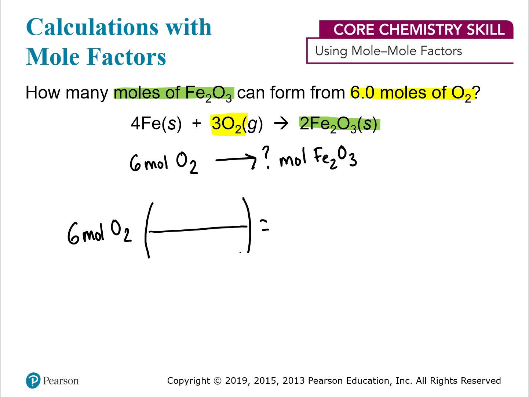Until you're comfortable, I suggest writing out both of the factors and then choosing whichever one is right to fit the equation. To write the mole-mole factors, remember that we look at the chemical equation for the coefficients. And we literally write out what those numbers are and just say 3 moles of oxygen instead of just the number 3. And we have 3 moles of oxygen for every 2 moles of iron 3 oxide.